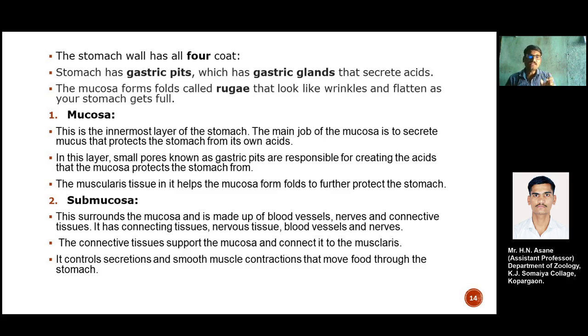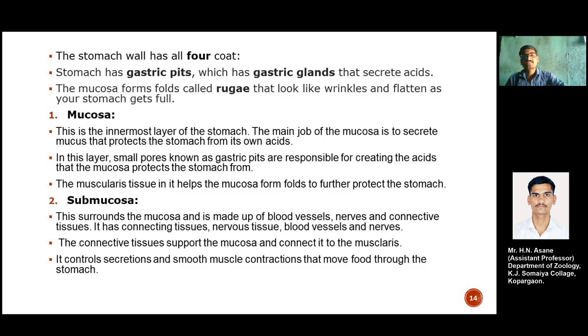In this layer, small pores known as gastric pits are responsible for creating the acid. These small pores are present in the mucosa, and the mucosa is going to protect the stomach from these acids, which are secreted by some cells of the pits for protection from other animals.